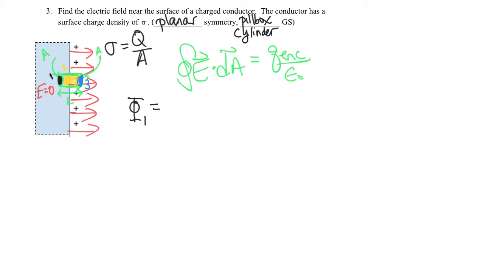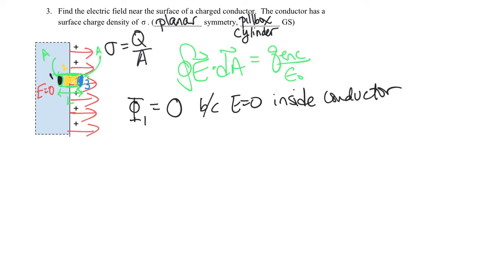Let's talk about psi 1. How many lines are going through that surface? None, because the electric field is 0 inside the conductor. What about this cylindrical shell?